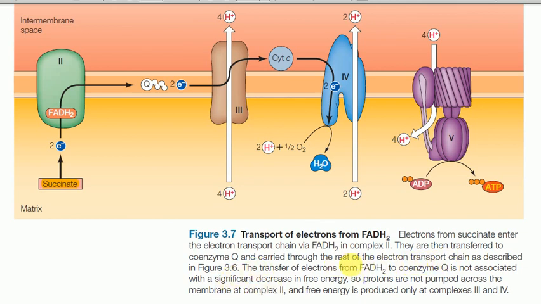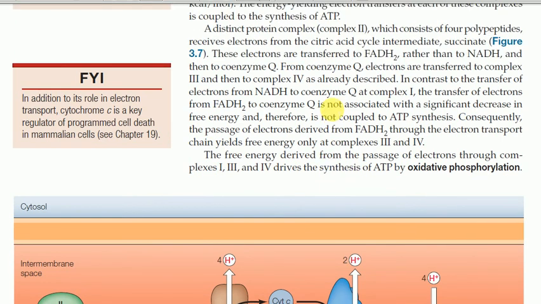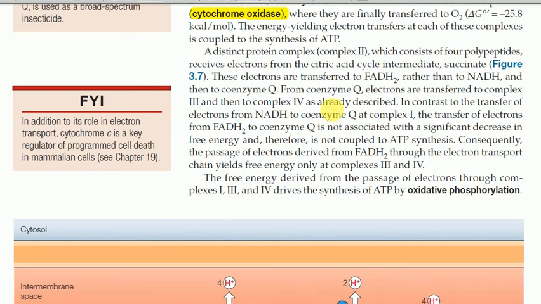The transfer of electrons from FAD to coenzyme Q is not associated with a significant decrease in free energy, and free energy is produced only at complex 3 and 4, because of that pumping of protons. So what we are saying is that these are the explanations of NAD and FAD, but we have not yet gone into describing the real mechanism of how it happens.